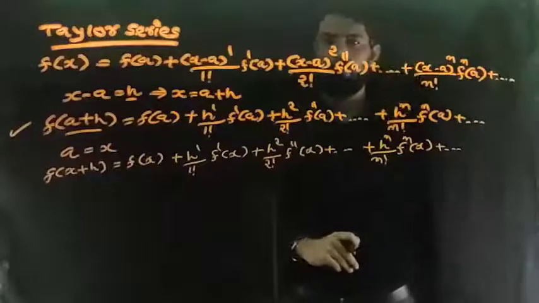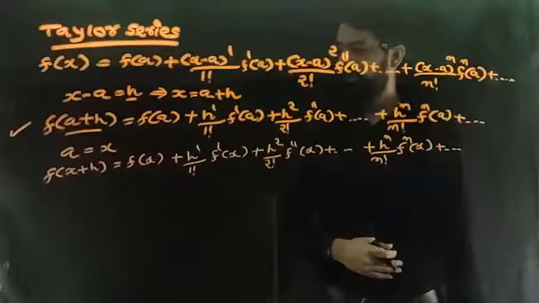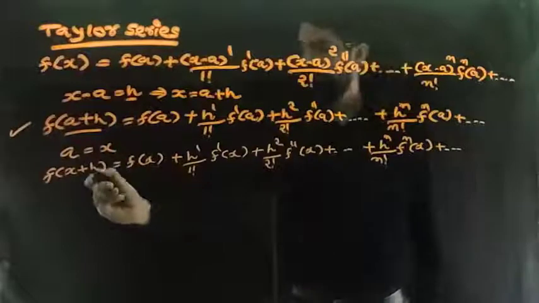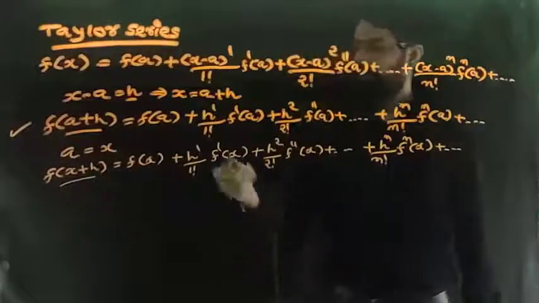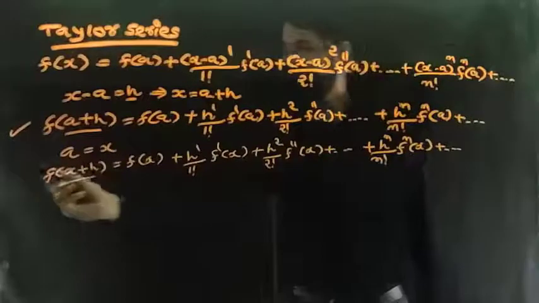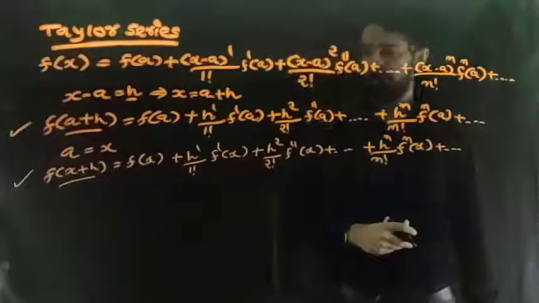So this is another form of Taylor series, and this will be useful if we have to express a function which is of the x plus h type in ascending powers of h.